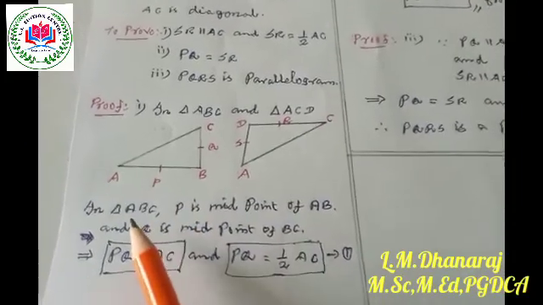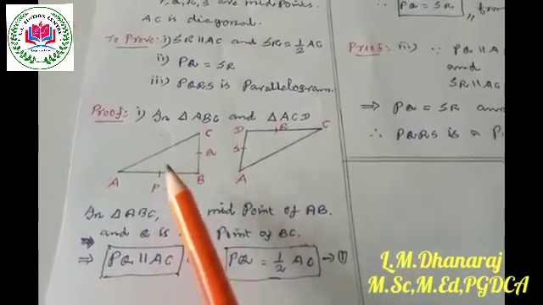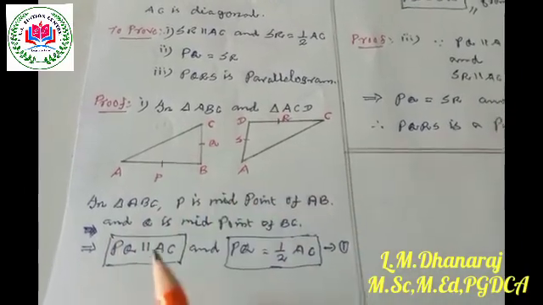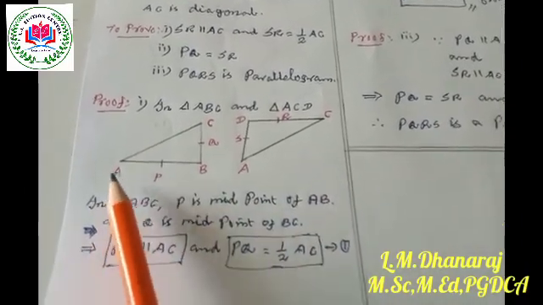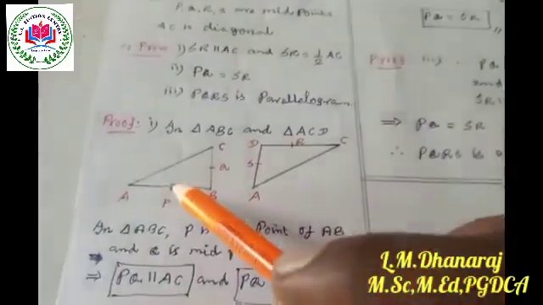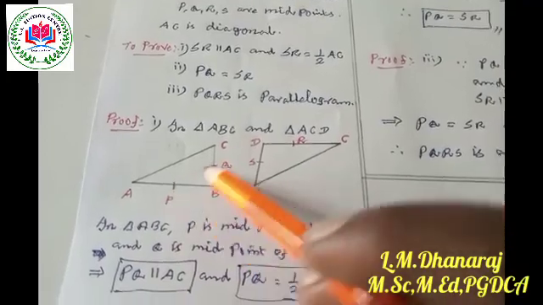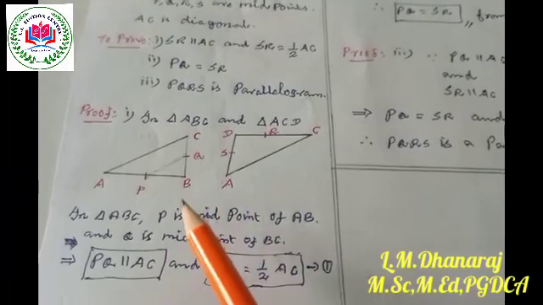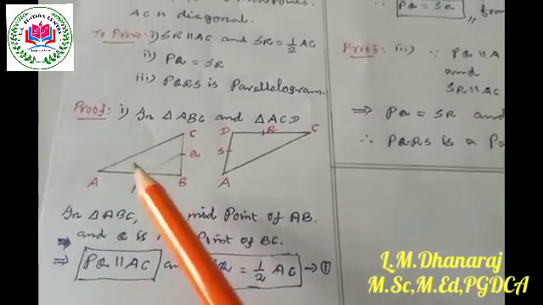From triangle ABC we can say P is the midpoint of side AB and Q is the midpoint of side BC. Therefore PQ is parallel to AC, and PQ is equal to half of AC. Make it equation number 1.